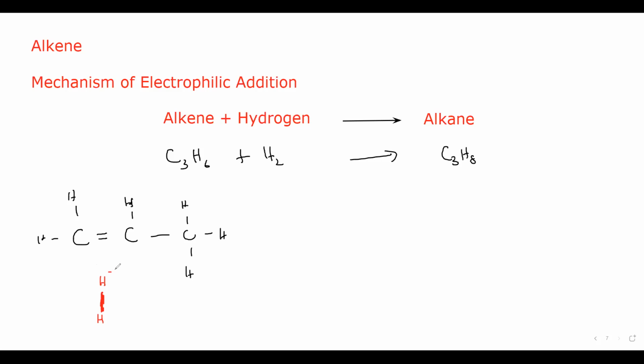One becomes partial positive and the other partial negative. Initially the two hydrogen atoms have the same electronegativity, so there is no charge. But because of the double bond repelling the single bond, the hydrogen closer to the double bond gets a partial positive and the other is partial negative.